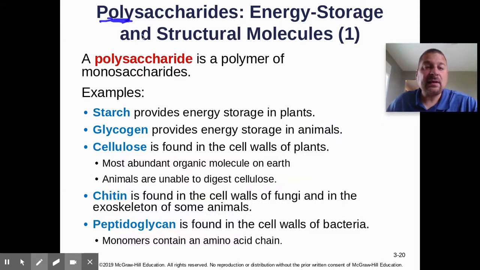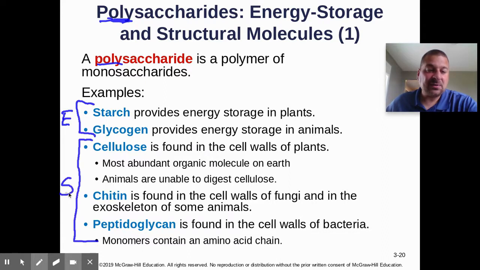Finally, our polysaccharides. They're made up of poly, which means many, monosaccharides all strung together. And there's some examples that we use for energy. I'll put big E for energy. These other examples, I'll put S for structural purpose. Okay, the 2 energy ones: in plants, the energy is starch.